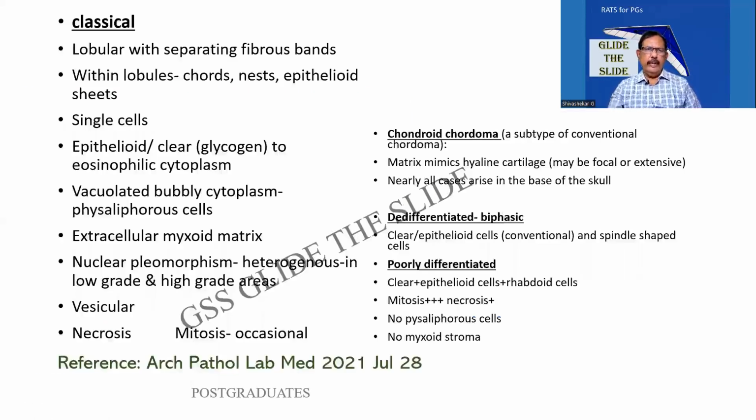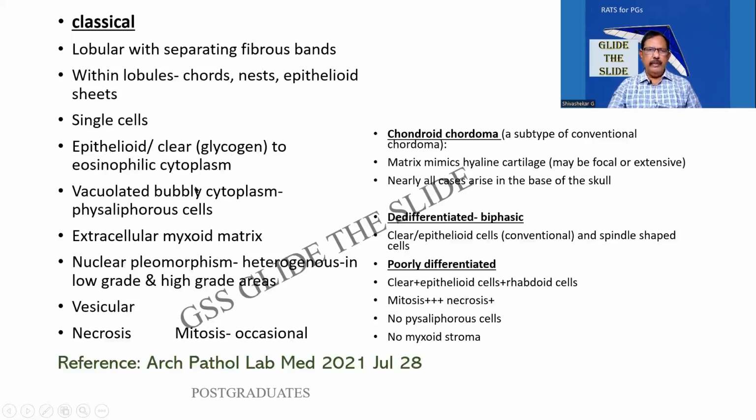Classically, how do you describe the classical type of it? It is lobular with separating fibrous strands. Within the lobules, there can be cords, nests, and epithelioid sheets. Cells can also be single. The epithelioid and the clear. Epithelioid is something like the epithelium. Clear is because of glycogen.